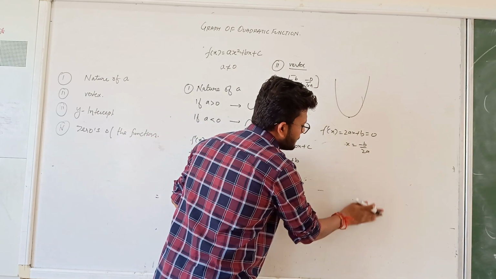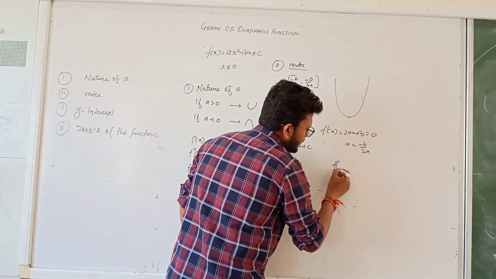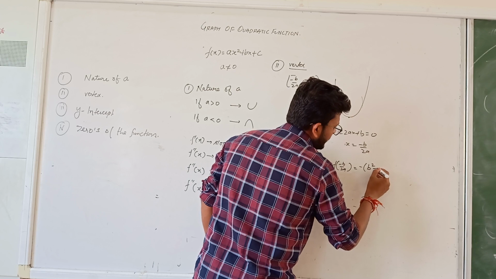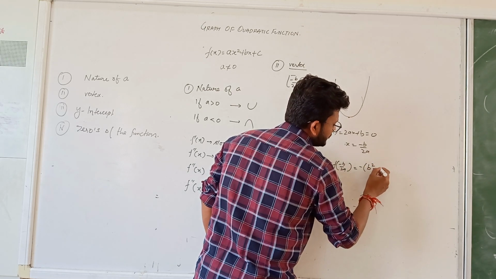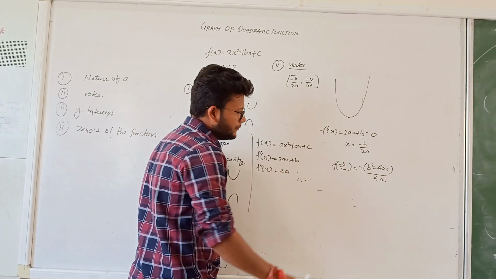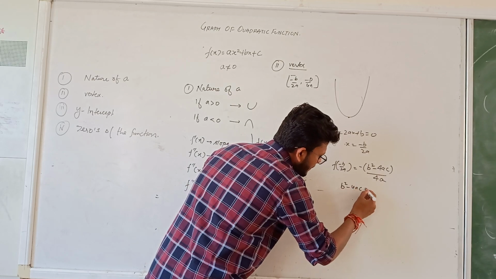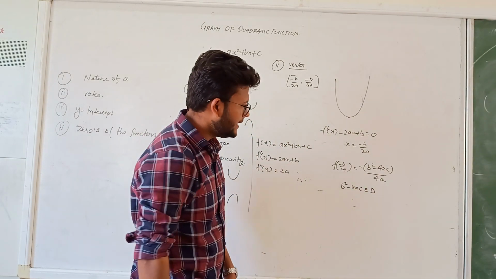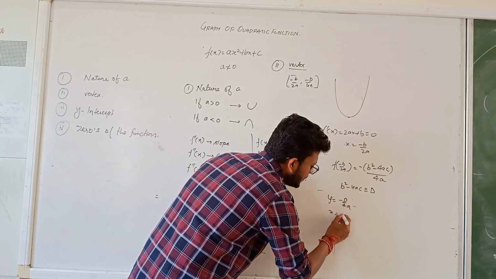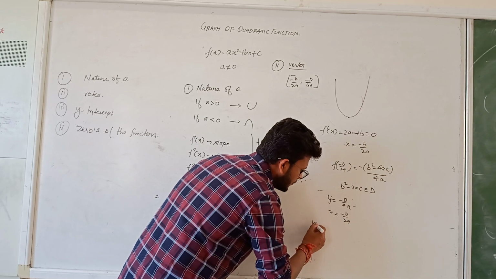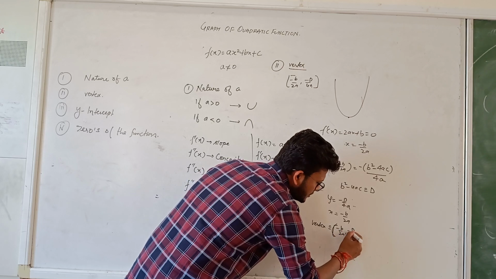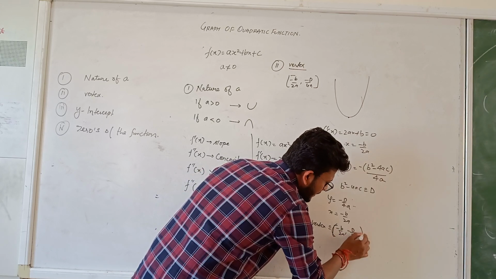On putting x = -b/2a in the function, we get -(b² - 4ac)/4a, and b² - 4ac is D, the discriminant. So y = -D/4a and x = -b/2a. Then the coordinates of the vertex are (-b/2a, -D/4a).